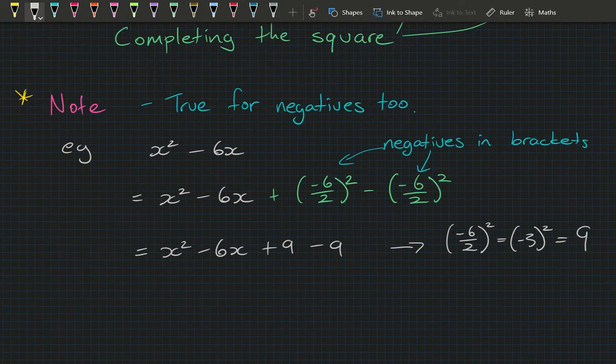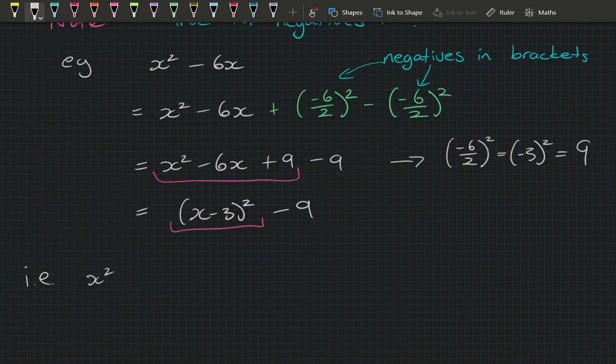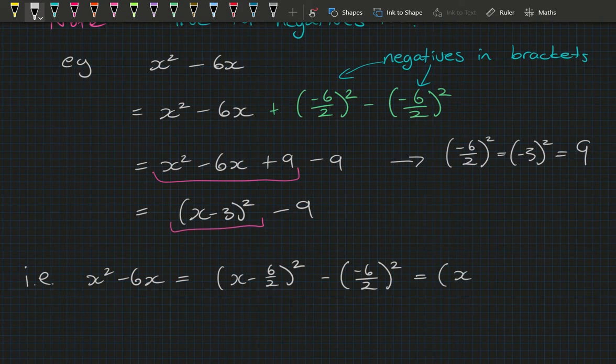So this means we now have (x minus 3) all squared minus 9. So in other words, x squared minus 6x is equal to (x minus 6 on 2) all squared minus (6 on 2) all squared, which is just equal to (x minus 3) all squared minus 9.